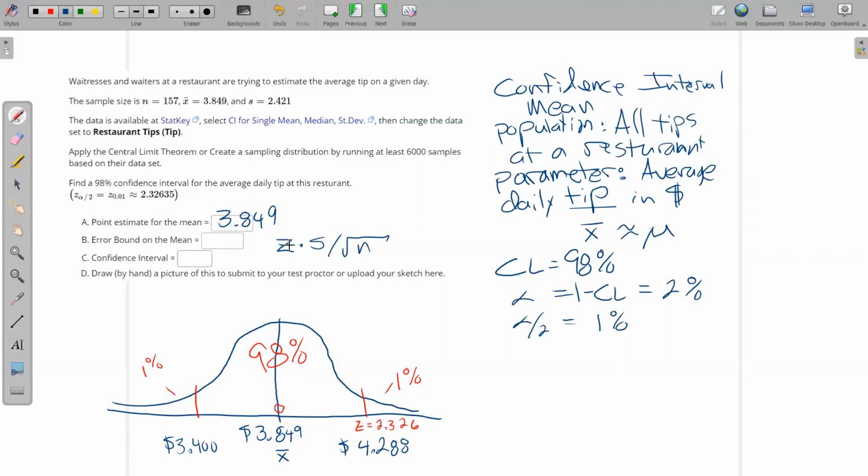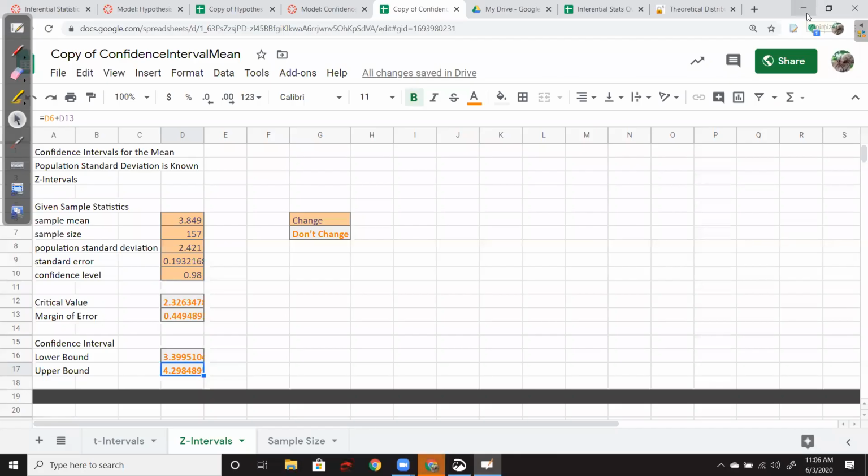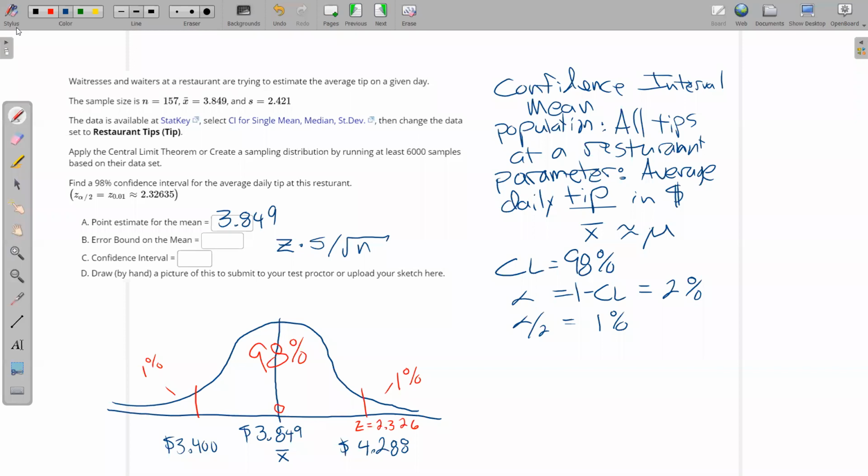So my error bound, let's see, I forgot what that was. Show my spreadsheet. That was about margin of error here, 0.449, so about 45 cents was the average spread. Not for all tips, but for an average tip. That's super important. So if I label that in the picture, I'm kind of running out of room down here.